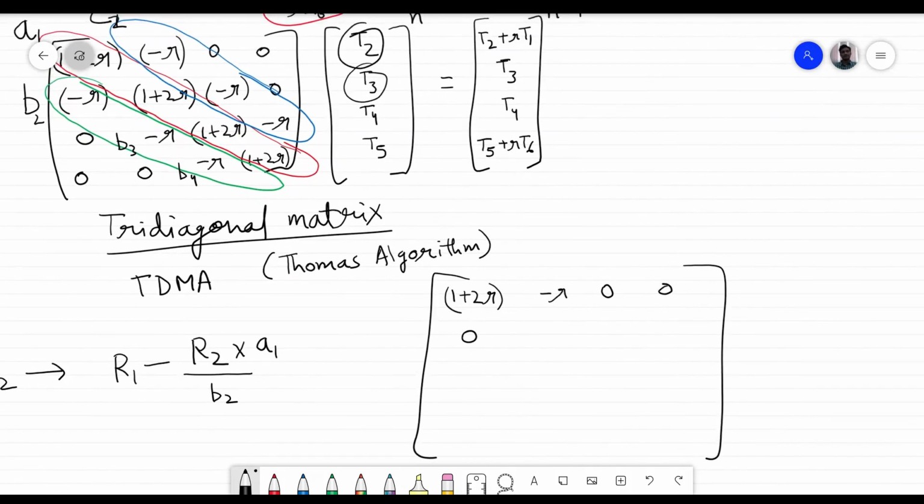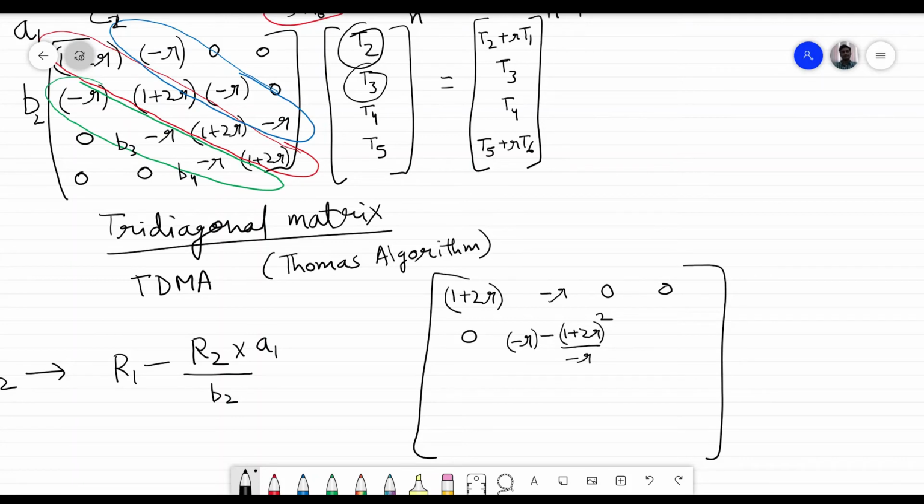Then the second point will be minus r, which is row 1 element, minus row 2 element, which is 1 plus 2r, multiplied with a1, which is again 1 plus 2r, so that becomes 1 plus 2r square, by b2, which is minus r. So this is the second element.